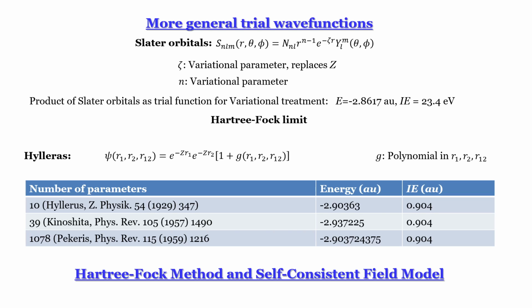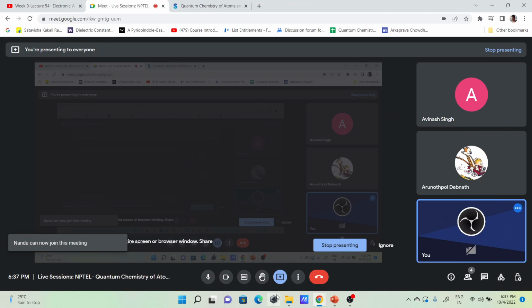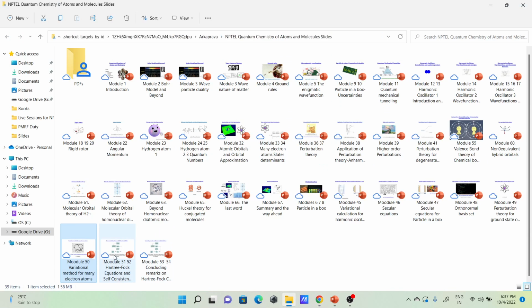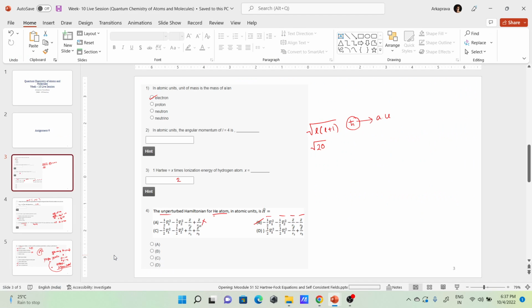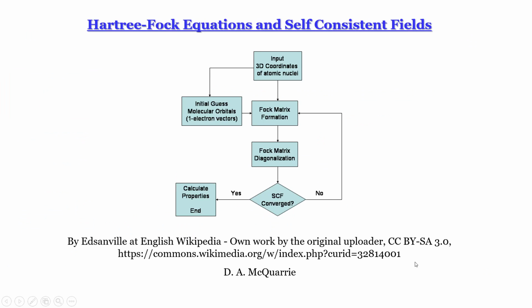Let me go to another slide. There might be some more. Slide 51, 52, maybe this one. So in general, it was mentioned that Hartree-Fock and the self consistent field is a computational, iterative method, because this Hartree-Fock operator itself will have the wave function in it. Hartree-Fock is what? It's a person?